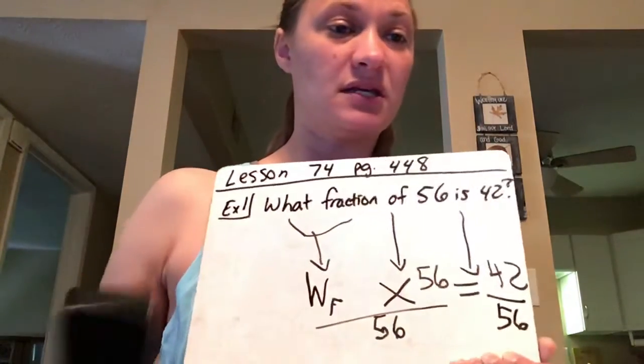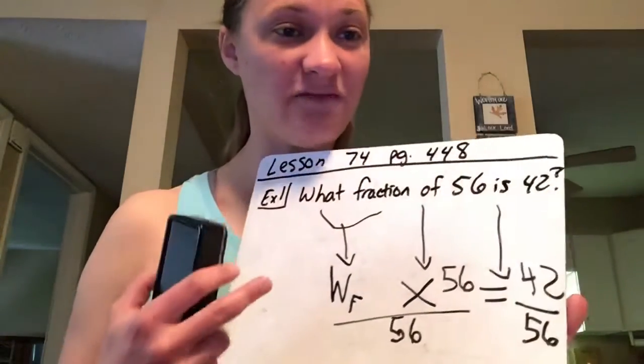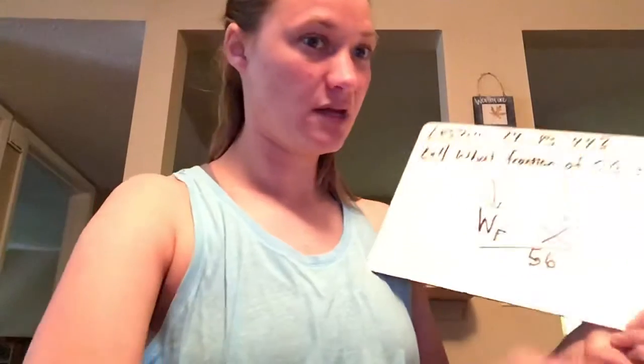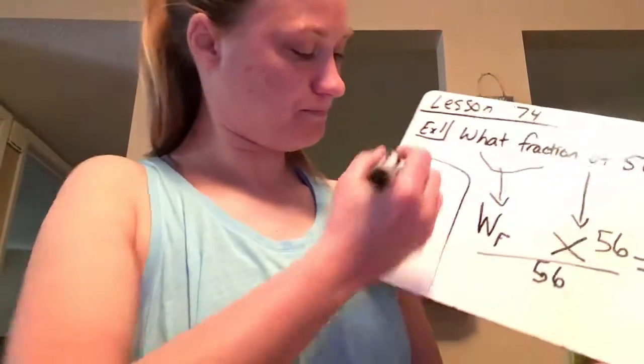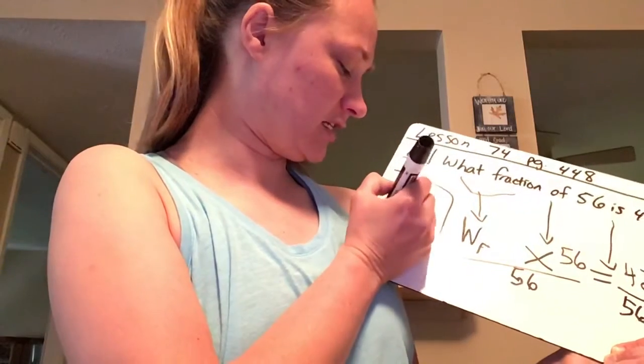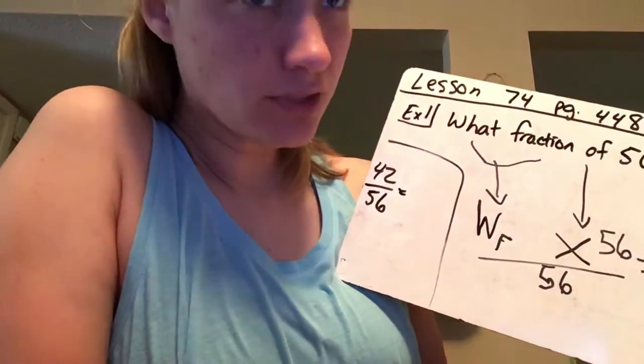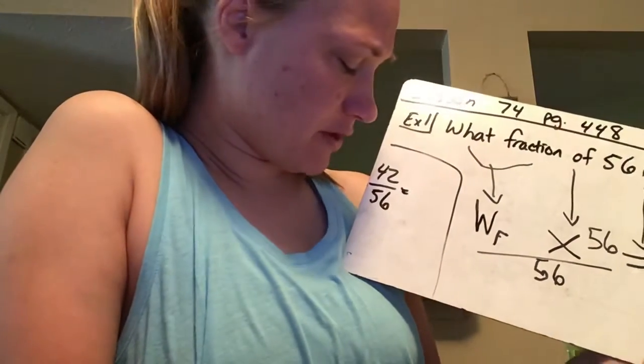Now, the temptation would be to just do that division, but since they're asking for a fraction, I'm just going to write it over here. What they're going to want you to do is take 42 over 56 and recognize this is just a fraction we can reduce. Both those numbers reduce by 7, I think.